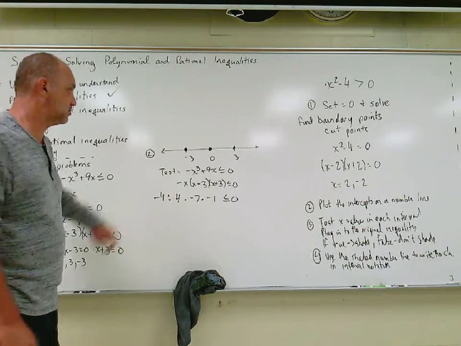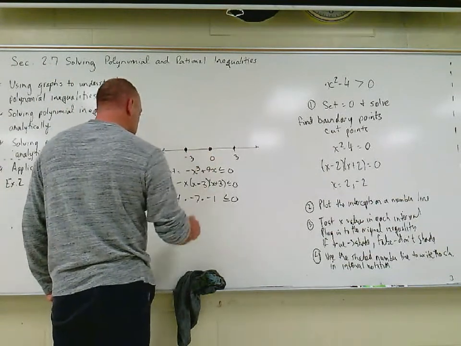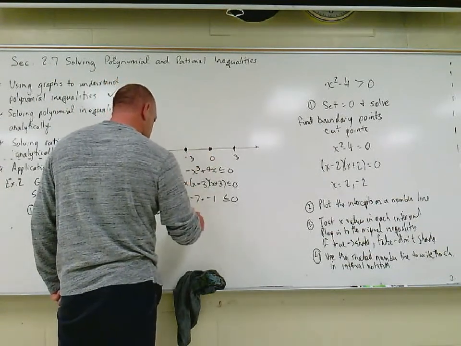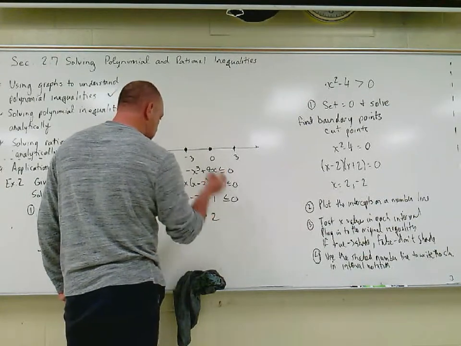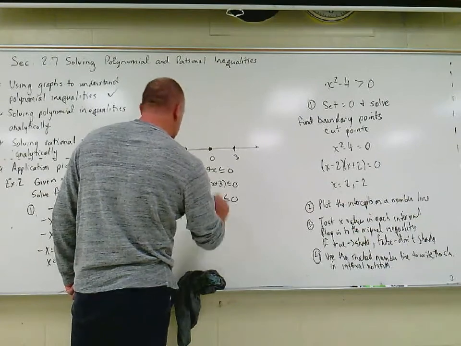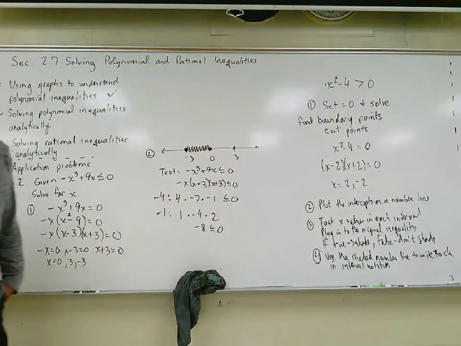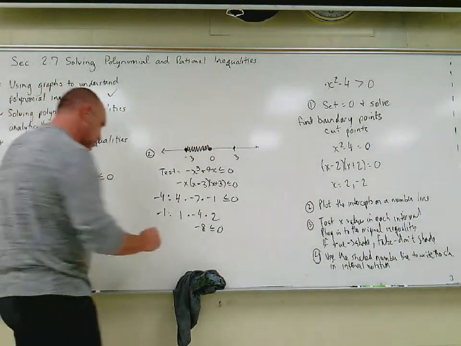You're just testing x's. Then I'll go here and I'll test -1. So I'm going to have 1 times -4 times 2, and that is -8, which is less than or equal to 0, so I shade. Now I test 1.